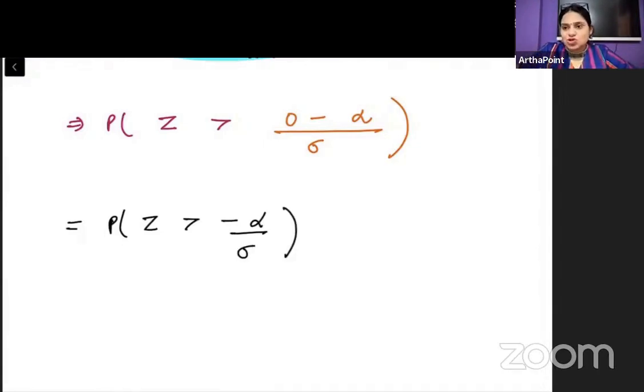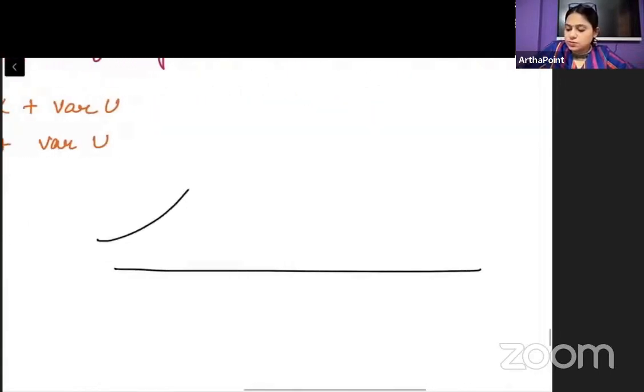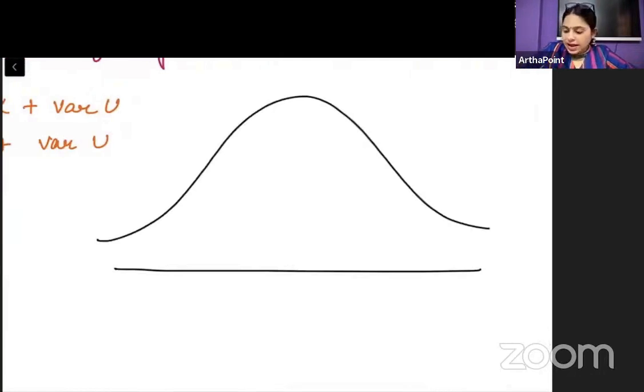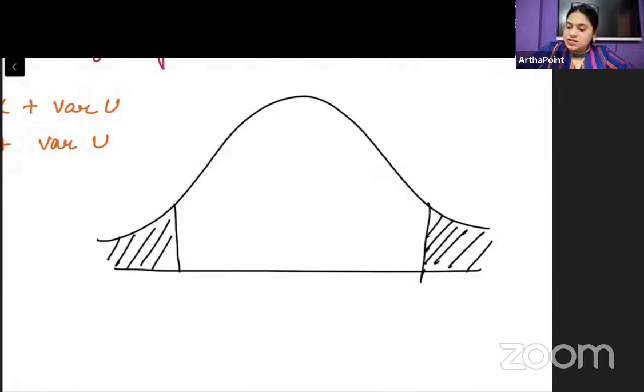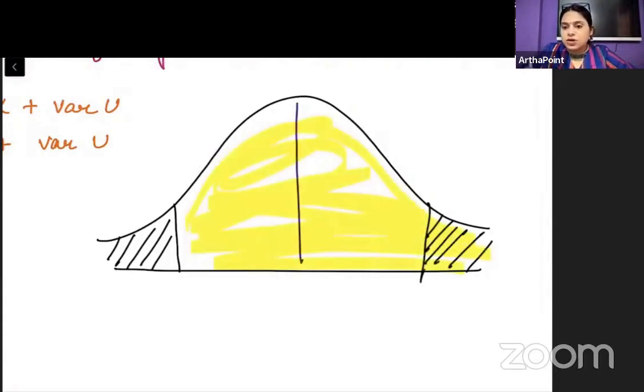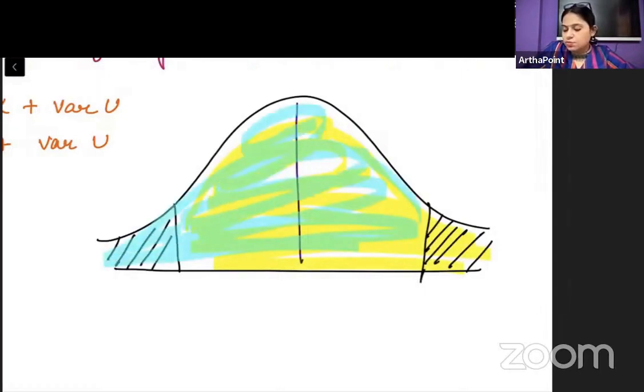This is a symmetric distribution. So if you look here, whenever I make a symmetric normal distribution and find this area, then this area and this area are equal to each other. Similarly, the area I've marked with yellow is equal to the one I'm marking with blue.